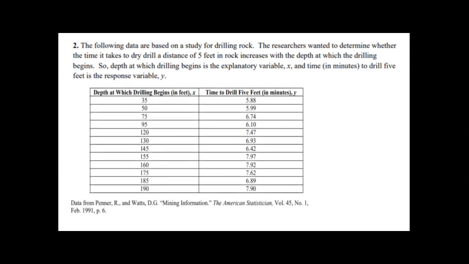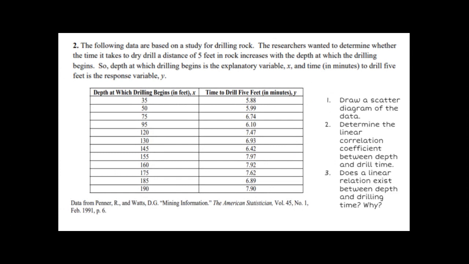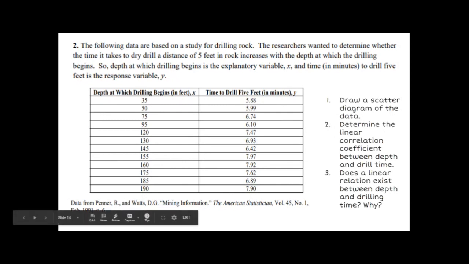So here's the data. Of course, we're going to draw later. I'm going to show you again: draw the scatter plot, and then determine the linear correlation coefficient. And does a linear relation exist between depth and drilling time, and why? I'm going to give you time to do that.